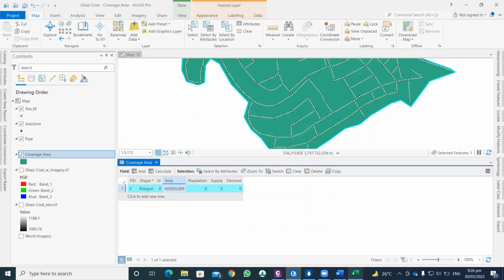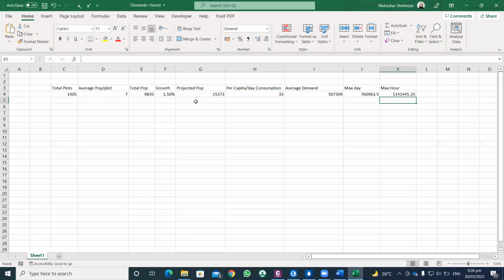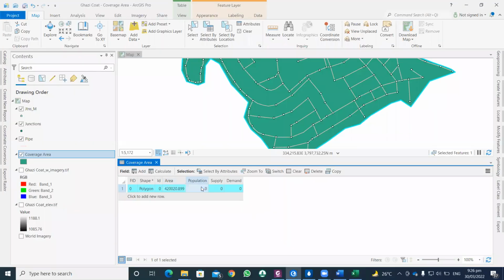Similarly, the population is projected to be 15,373. Supply is about 33 gallons per day, and the demand.